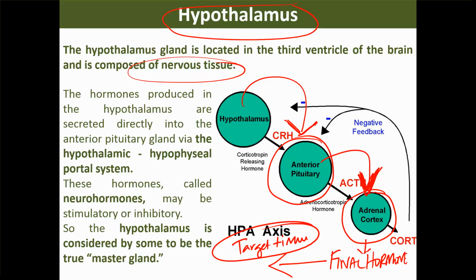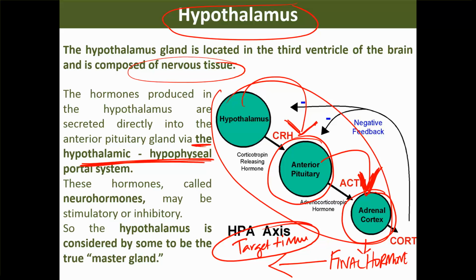So what you have to understand is this connection, the hypothalamus getting connected with the pituitary and with other systems. It is called the hypothalamic hypophyseal portal system. These hormones are called neurohormones. They may have a stimulatory effect or an inhibitory effect.